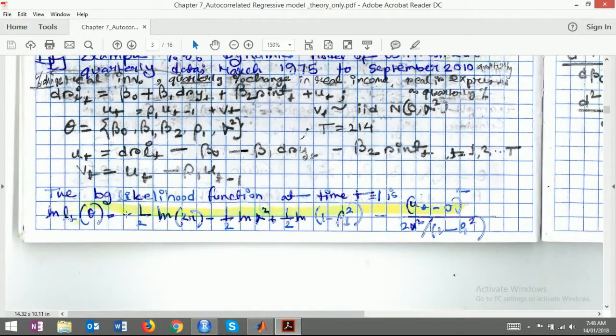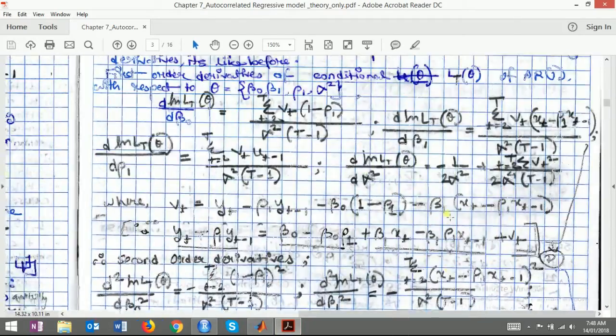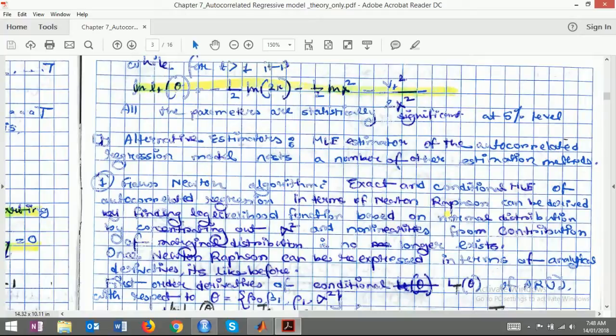When there is no change in time, when it is not varying, we are just looking for one log likelihood value, then that is it. But if we look for a varying log likelihood function, a vector of log likelihood functions, then this is how it is estimated. We need to use Vt squared divided by 2 sigma square. All the parameters are statistically significant at the 5% level.